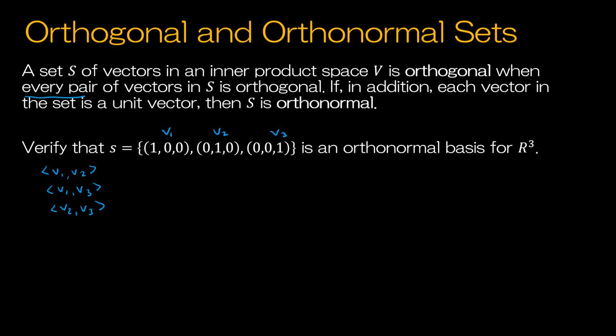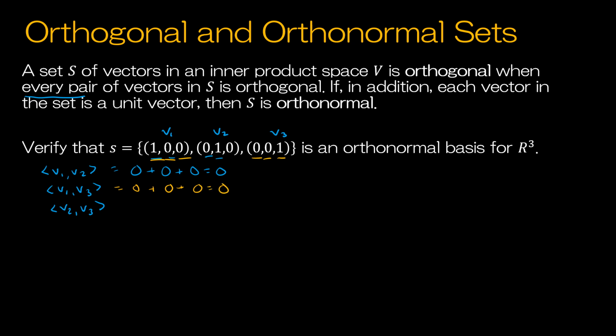So here for v1, v2, that means 1 times 0 plus 0 times 1 plus 0 times 0, which is 0. For v1, v3, we have 1 times 0, 0 times 0, 0 times 1.